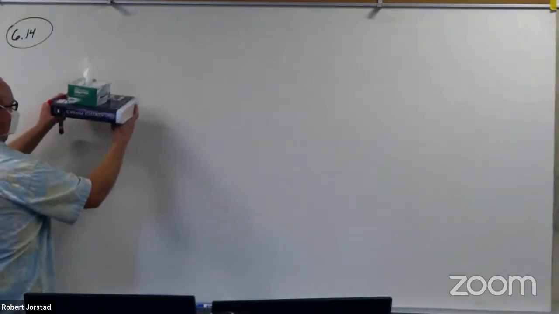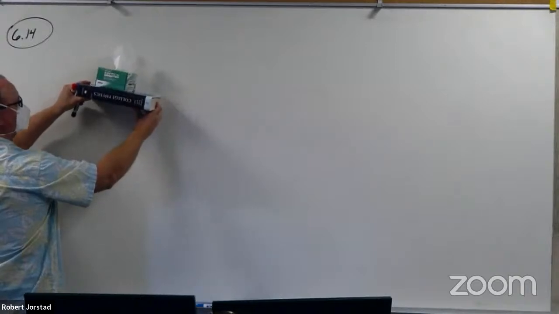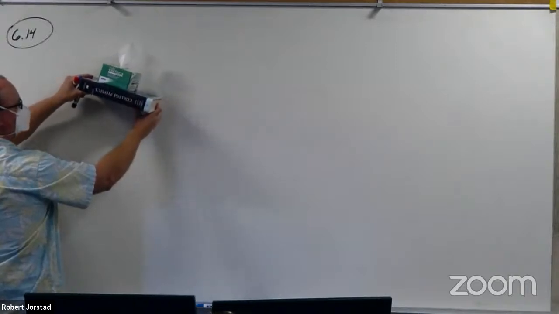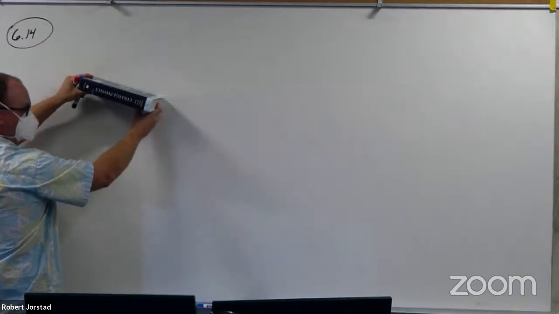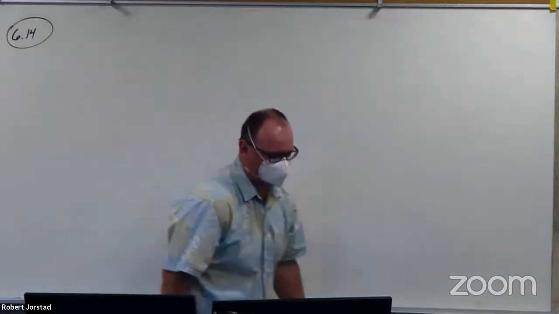The idea is right now, these Kim wipes are sitting on there. As I angle this, I keep increasing this. Then at some point, the Kim wipes begin to slide. So there's some angle at which these Kim wipes slip. That special angle is called the critical angle.